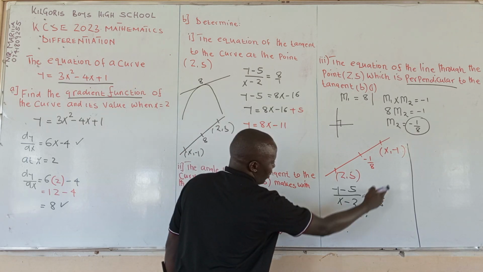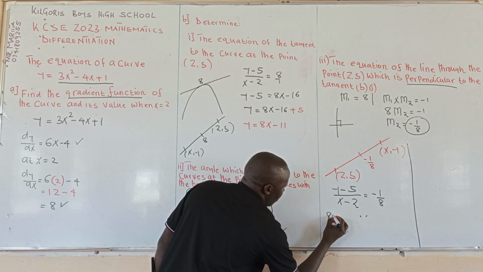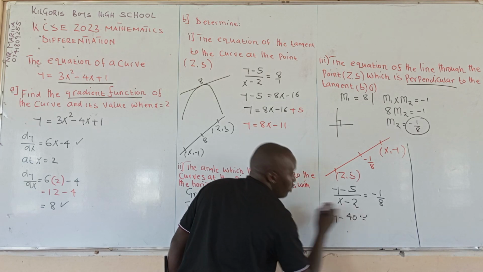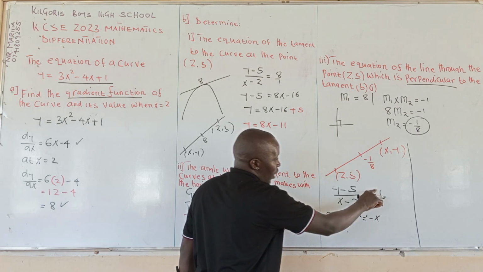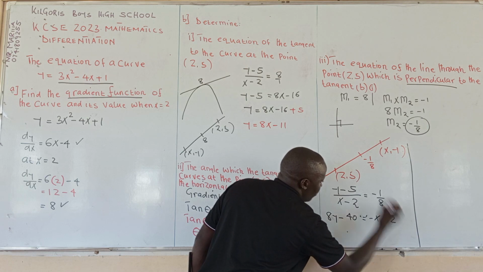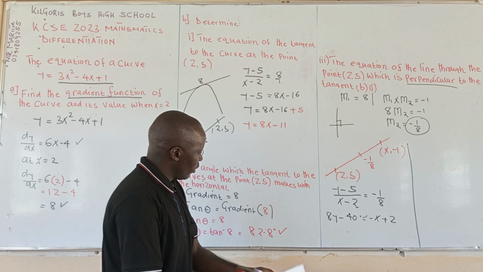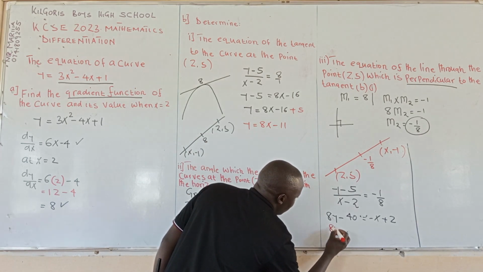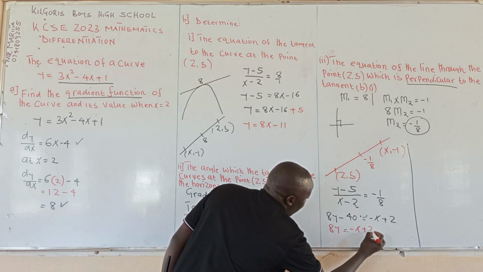So we can cross multiply here. 8 times y minus 5 gives us 8y minus 40. This will be equivalent to -1 times x, which is -x, and -1 times -2, a negative times a negative is a positive, so we have plus 2. So we have 8y minus 40 is equal to minus x plus 2.